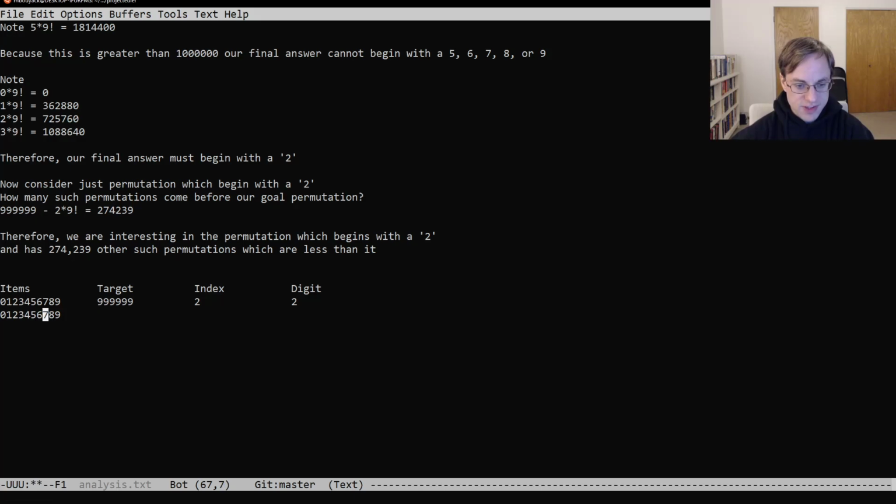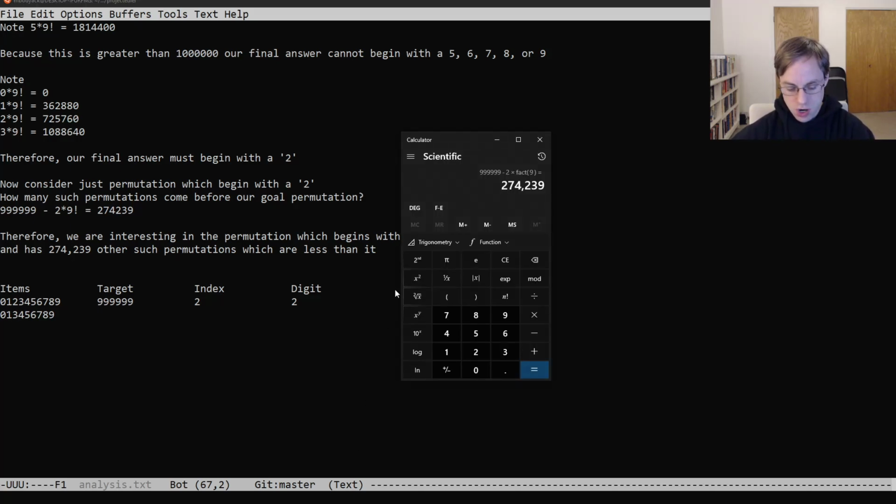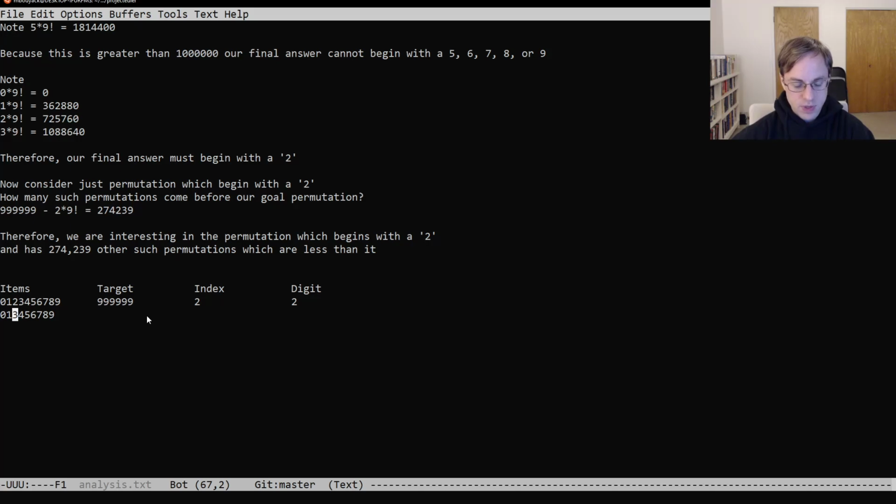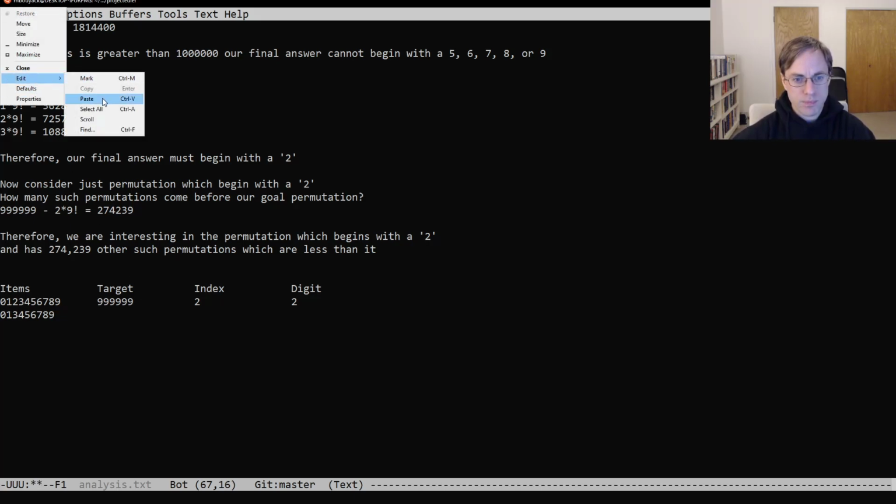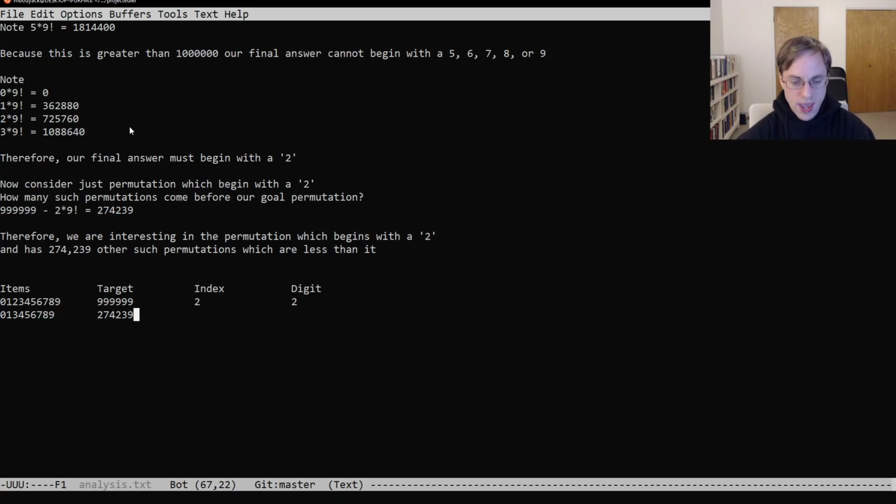Okay, so for the second pass, we've removed a 2, and we have a new target here. So let's enter that in here. Okay, and now we can just repeat the process until we get our solution.